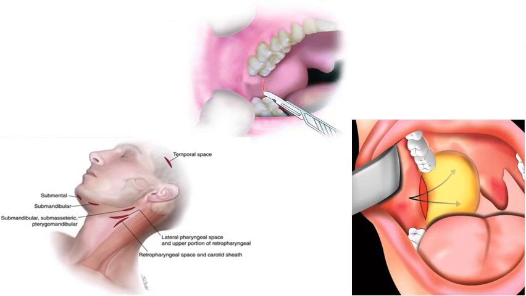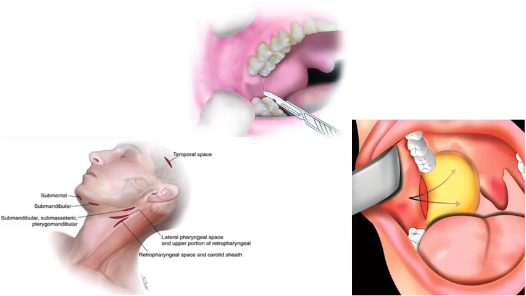And here is the incision at the anterior aspect along the external oblique ridge, or maybe just medially. You just put your hand on the external oblique ridge to localize yourself, and then you go medially with the hemostat to evacuate the pus.